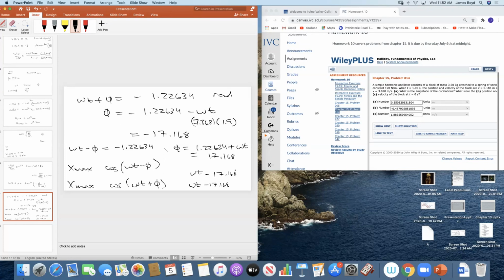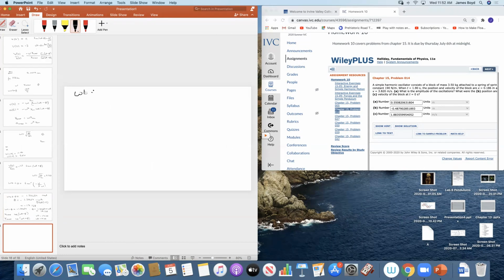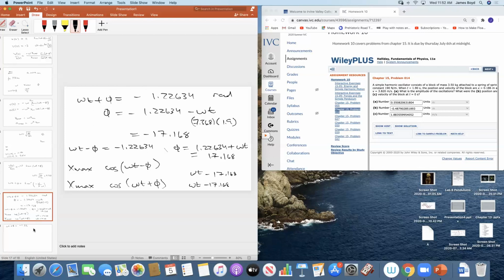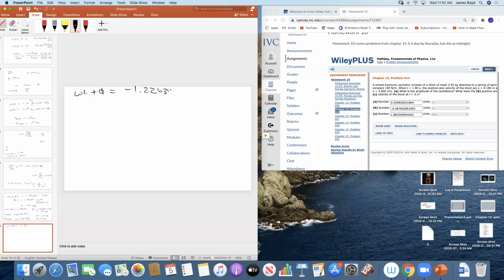It doesn't really matter whether it's plus or minus. It just matters that you're consistent with your math. But anyway, we see here that omega t plus phi was negative 1.22634, and that phi was negative 17.168.